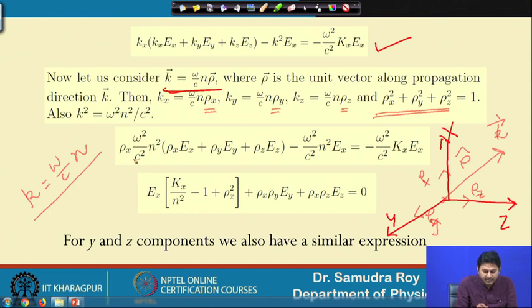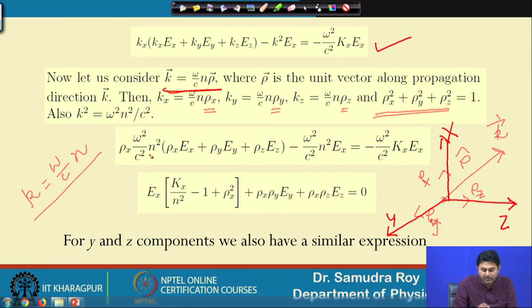This omega square by c square is coming because in all the cases we have k x, k y and k z, which all have their corresponding value omega by c n. So, omega by c n is common, and this k x is something which is omega square by c square n square, because another omega by c n is sitting here and we take it common.